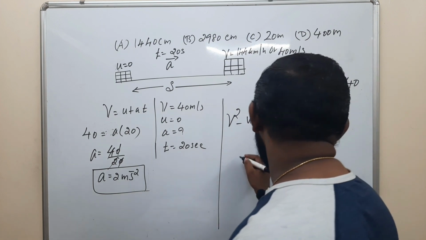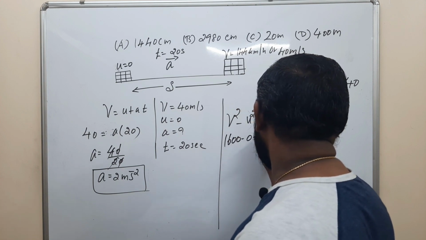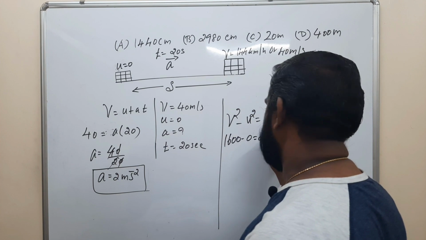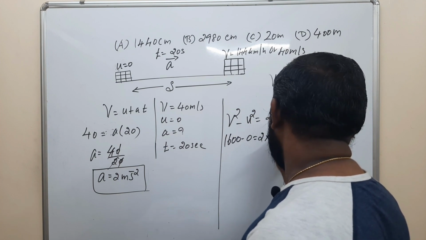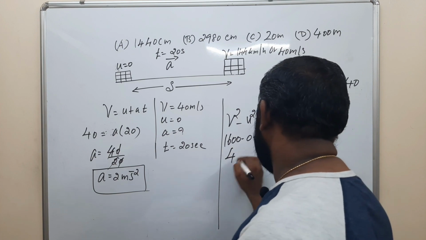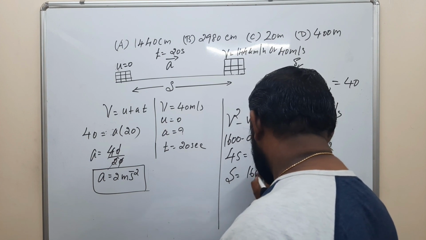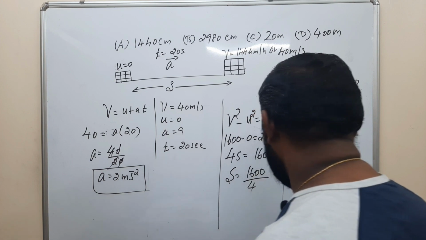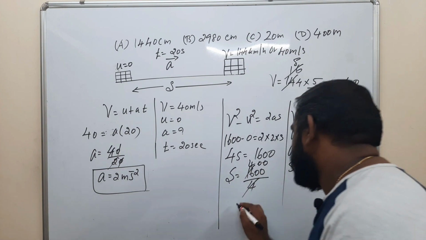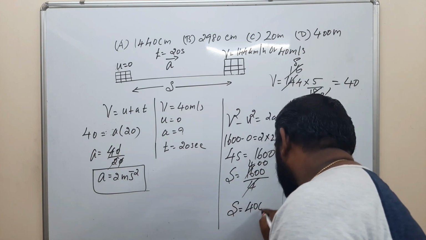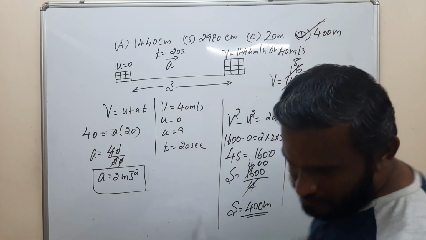Substitute the values: 40 square is 1600, minus 0 is equal to 2 into 2 into s. So 4s is equal to 1600. So s is equal to 1600 divided by 4, that is 400 meter. That is the answer, so option D is the answer.